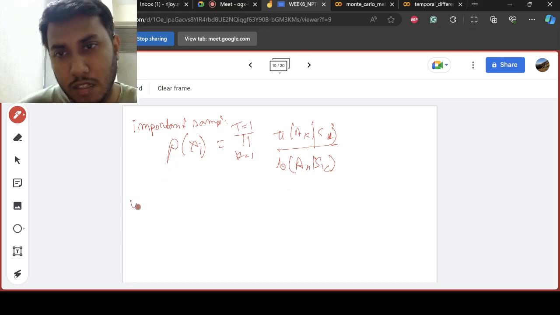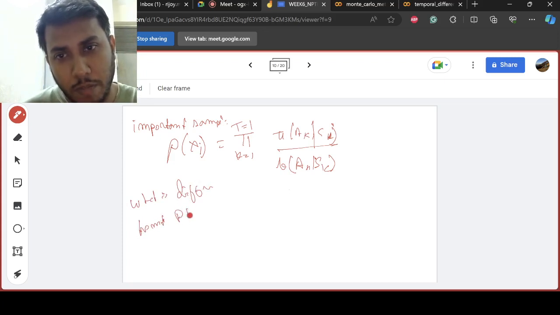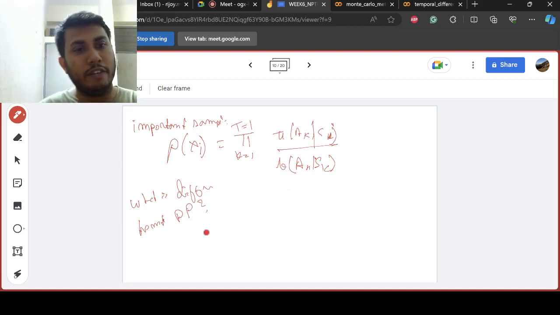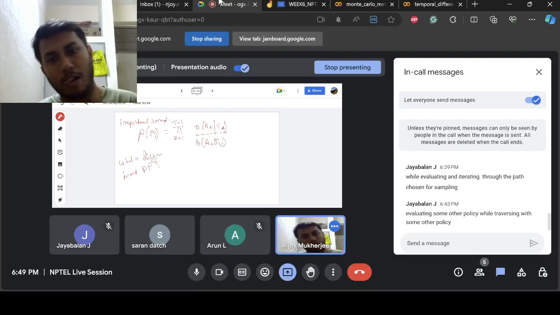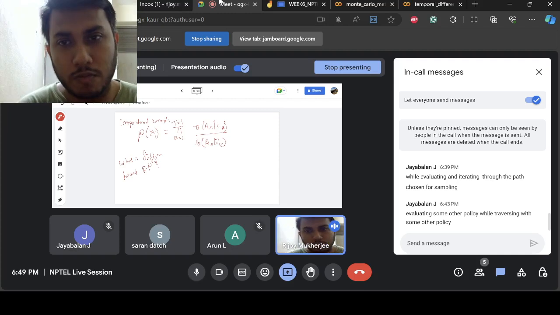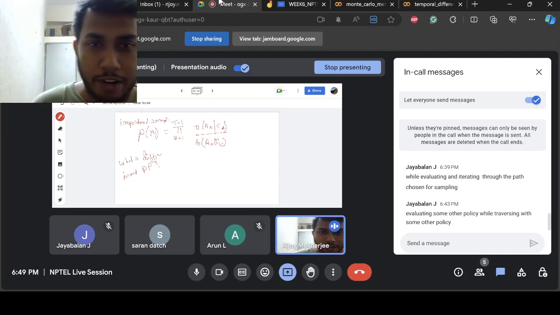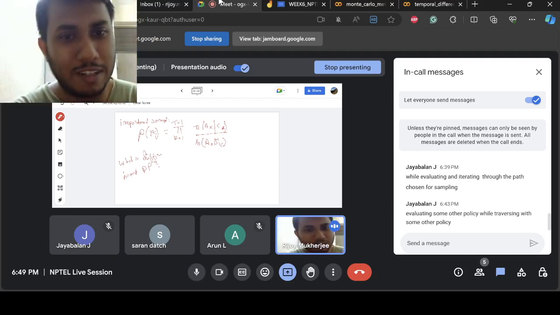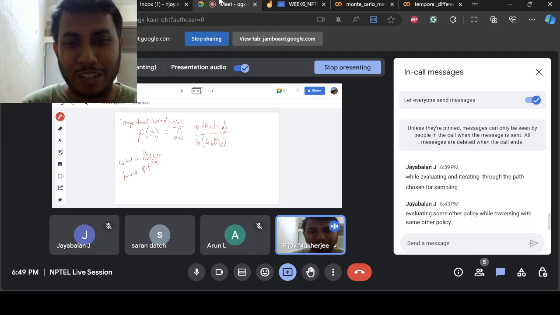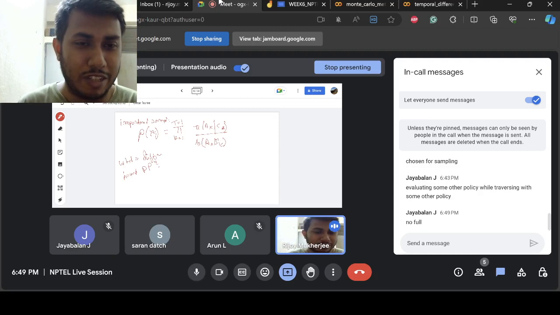What is the difference from DP? So here you don't have to store, right? So it is much faster. Nothing you have to store. You have to just generate a sequence and do it.